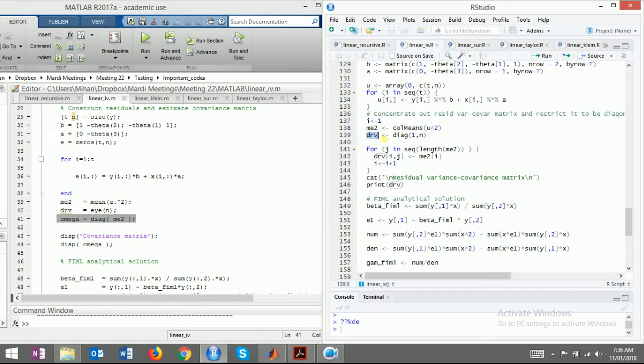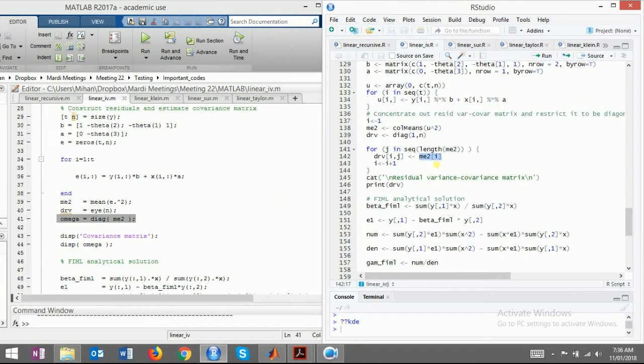For ij, if they're 0, they're zeros. If they're not zeros, you put the column means squared from I, and that will go on until I equals I plus 1.